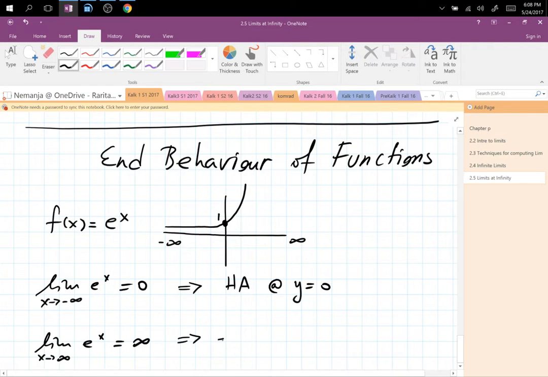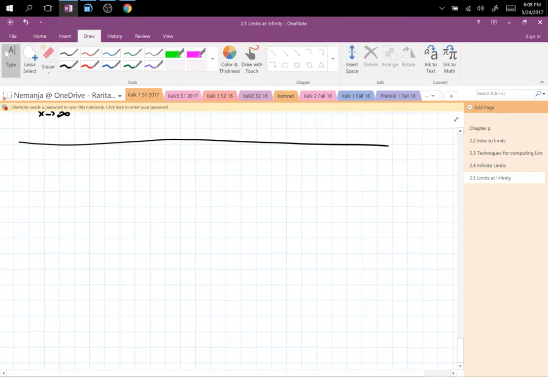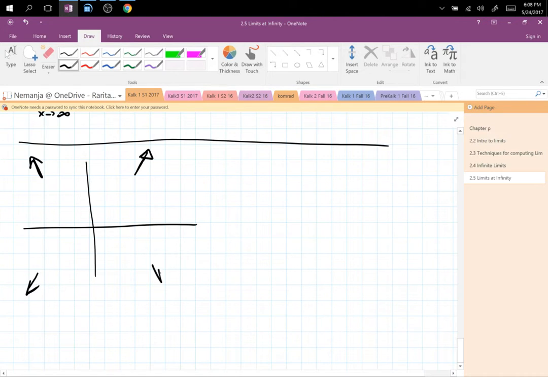Now that is the end behavior, where you know that as you go to infinity in the positive x direction, you will go to infinity as the answer for the function. Now, this part is very easy to understand using the visual cues, because you can have a function go like this, like that, and like that.